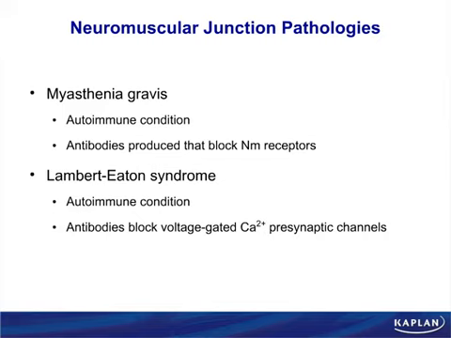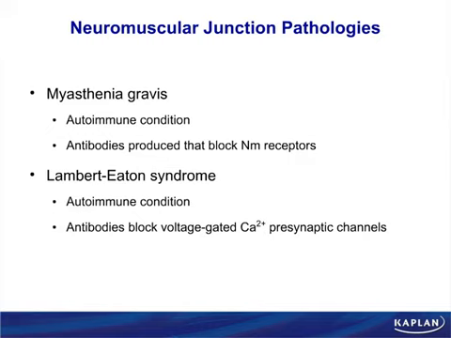Next is Lambert-Eaton syndrome, also known as Eaton-Lambert syndrome. I've always known it as Lambert-Eaton, but some people call it Eaton-Lambert, so one or the other. Bottom line, it's an autoimmune condition and can be part of a paraneoplastic syndrome. Here we have antibodies created to presynaptic calcium channels.